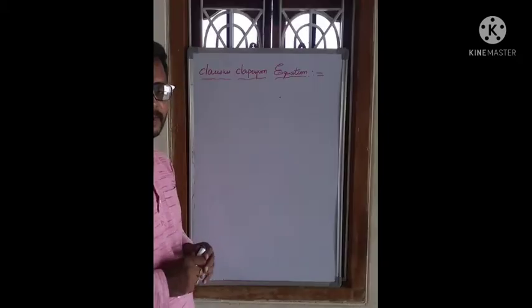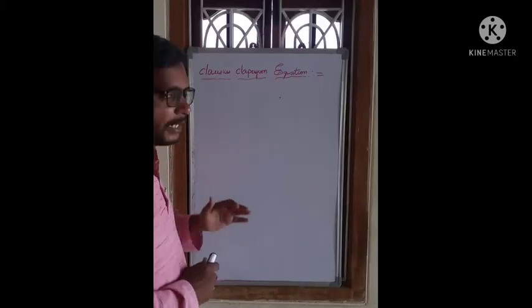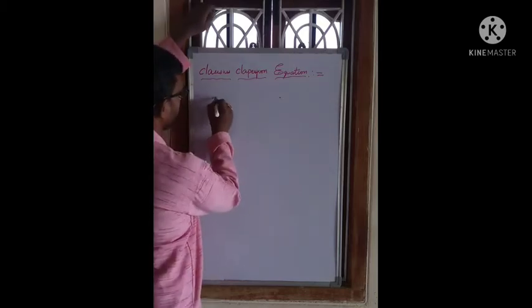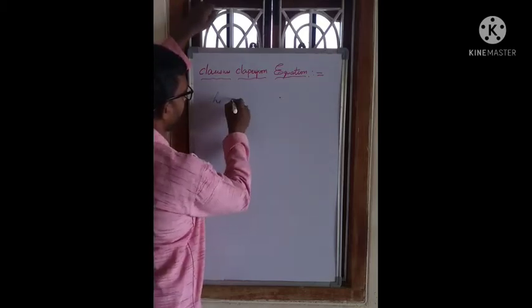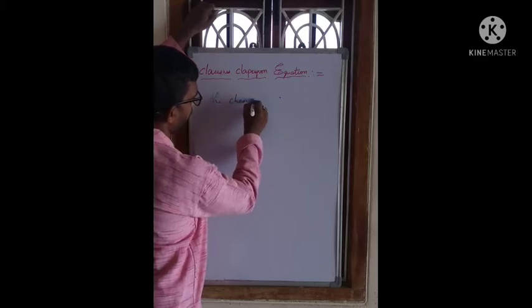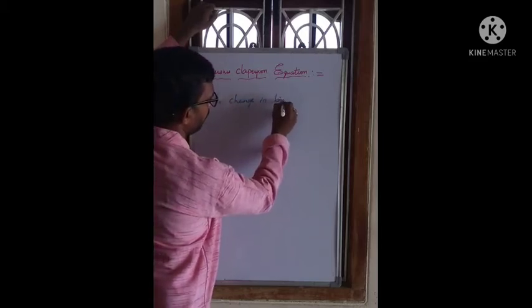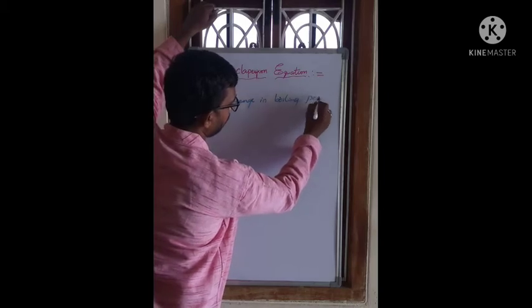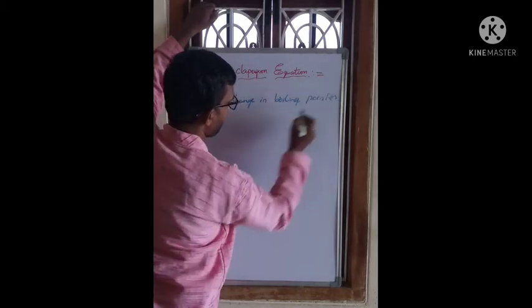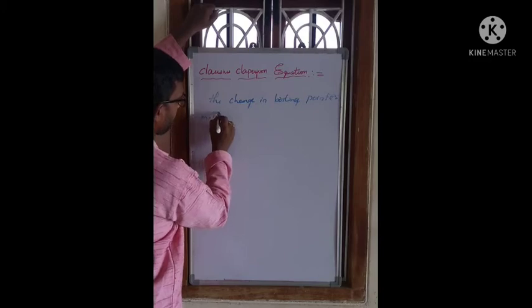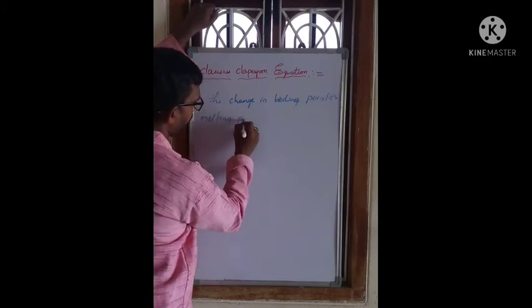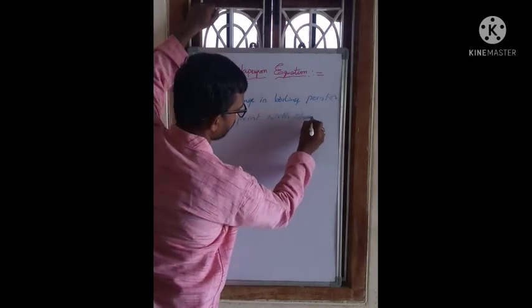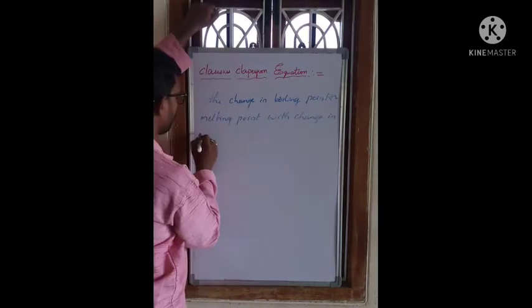The Clausius-Clapeyron equation relates the change in boiling point or melting point with change in pressure.